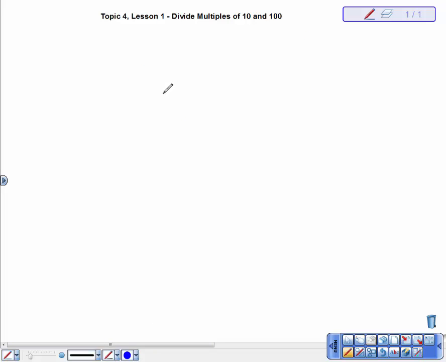Now, let me show you what I mean about if I have zeros on both sides of the division sign. So here I have 220 divided by 20. When you have zeros on both sides of the division sign, you want to permanently erase any zeros that they have in common.